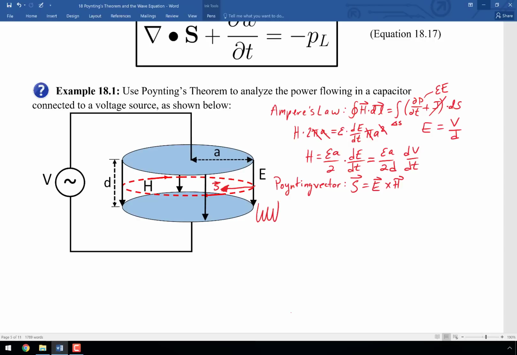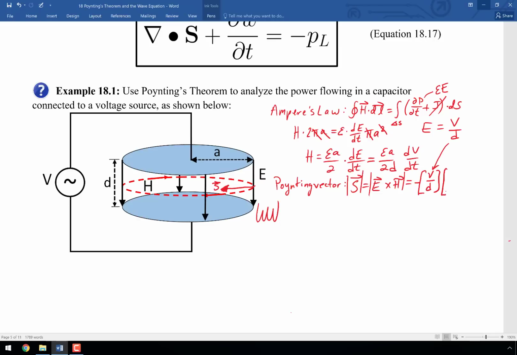I'm basically just going to be calculating the magnitude of S at this point, and I'm going to keep track of the direction as pointing inward, which I know is going to yield a negative sign here, because remember that a positive integral is going to be pointing outward. So for right now, this is going to be negative, and then what is my quantity for E? Well, it's V divided by d. That came from right there.